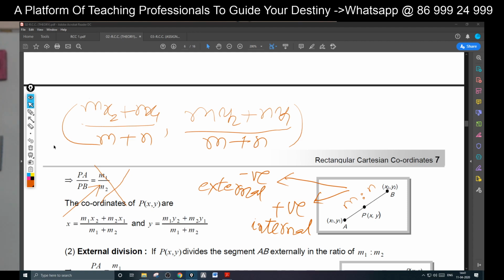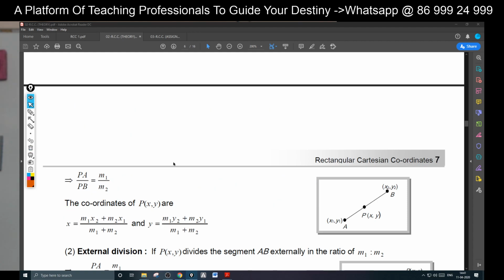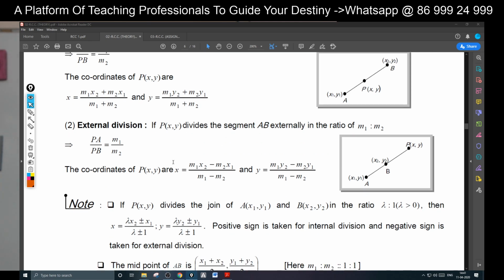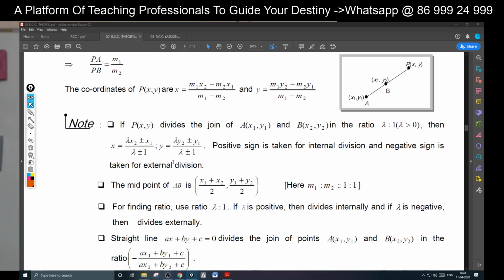And one extra thing you have to learn with regards to internal division and external division is harmonic conjugate points. Of course, in this study material it is not given, but we have to understand what harmonic conjugate points are. This is very simple.